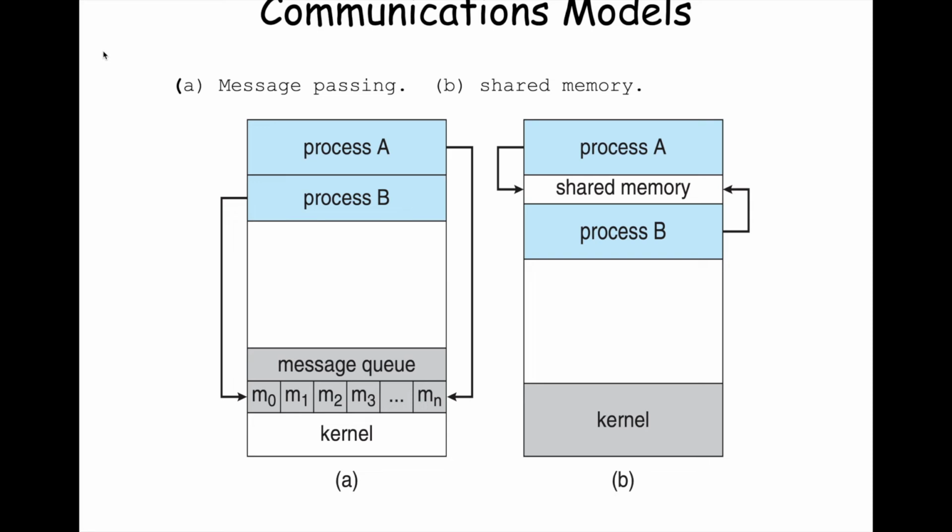For message passing, the operating system kernel sets aside a region of memory, and it's a message queue. Whenever you want to send something to another process, you deposit your message into this message queue made available through the kernel. And whenever you want to receive a message, you pick off a message from this message queue, first in, first out behavior made available by the kernel.